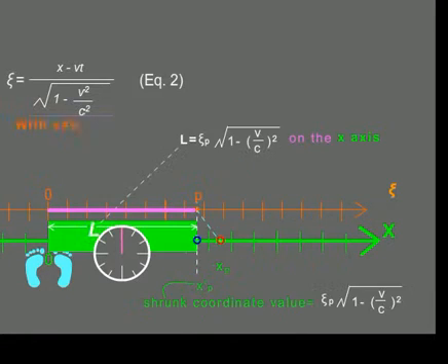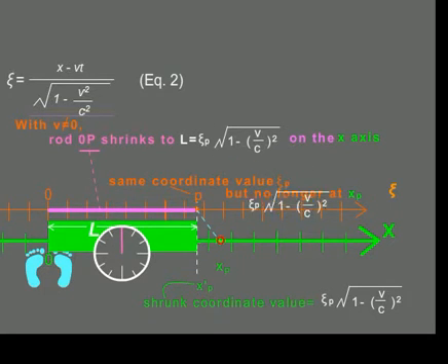As soon as a velocity v is imparted, relativity's length contraction will make the x-observer see the length between P and the origin of the c-axis to be worth the value of L on the x-axis.